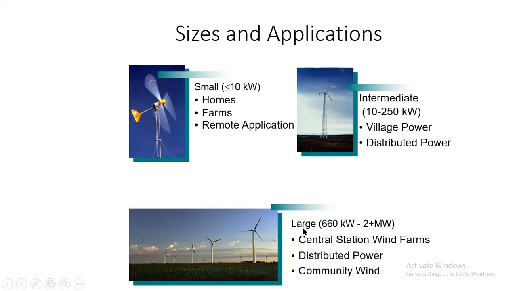Then the large category of wind turbine or wind power plant is 660 kilowatt to more than 2 plus minus 2 megawatt. These turbines can be installed at central station wind farms, distributed power, and community wind.